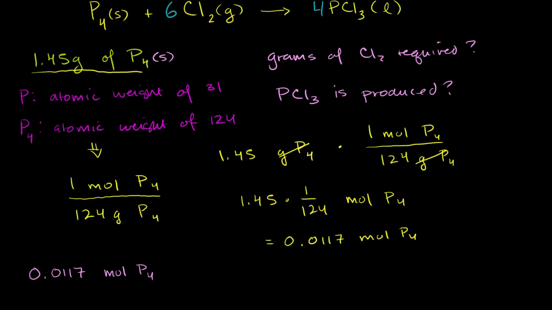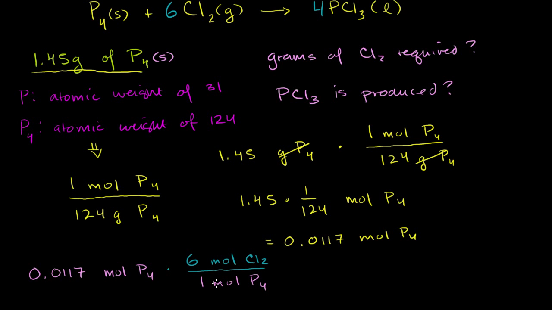So let me write this down. For every 6 moles of chlorine gas, I'll do it in blue, times, for every 6 moles of chlorine gas, we need 1 mole of molecular phosphorus.